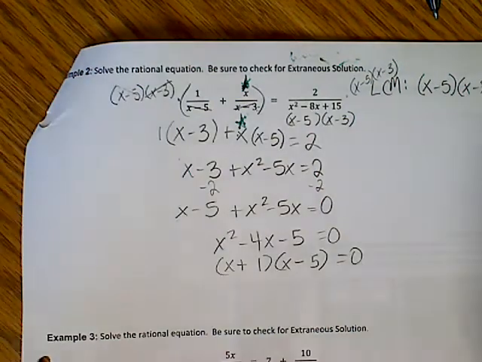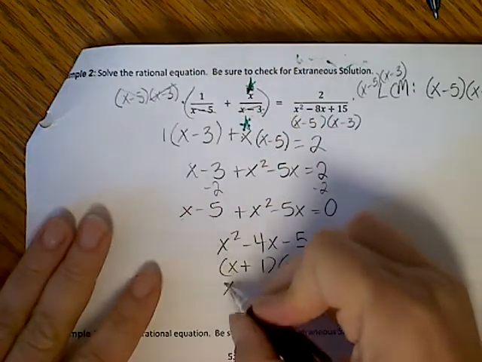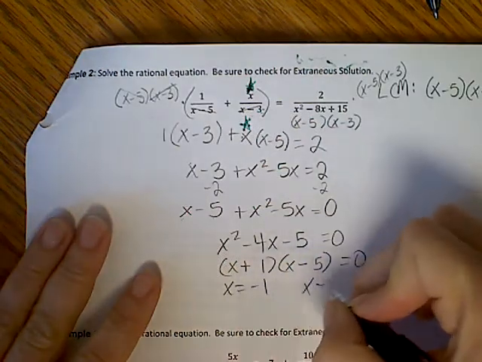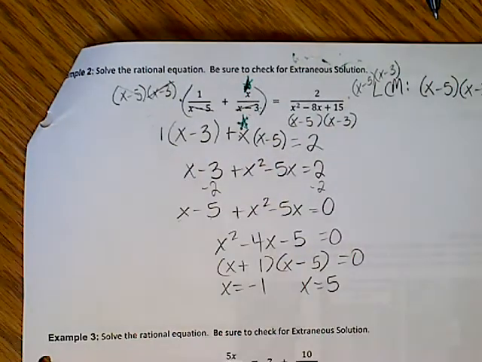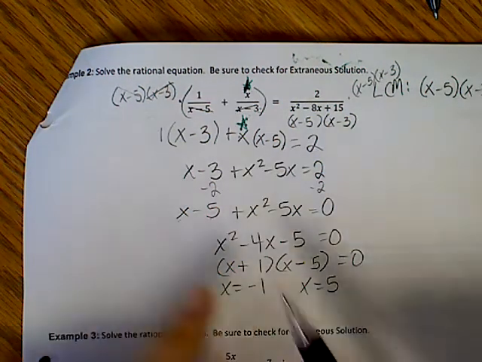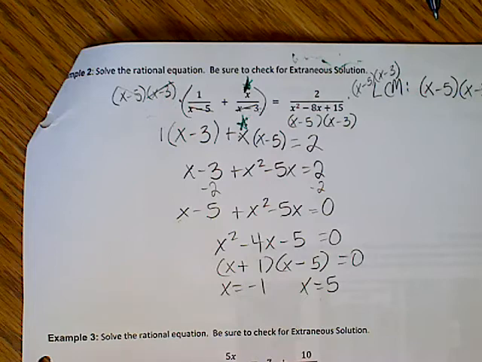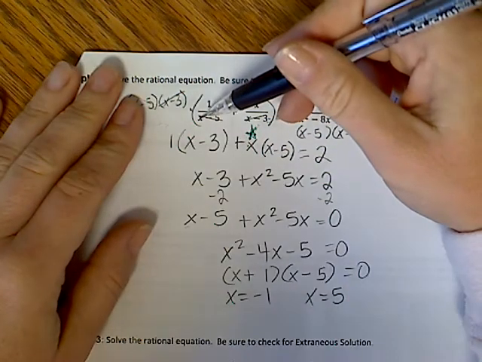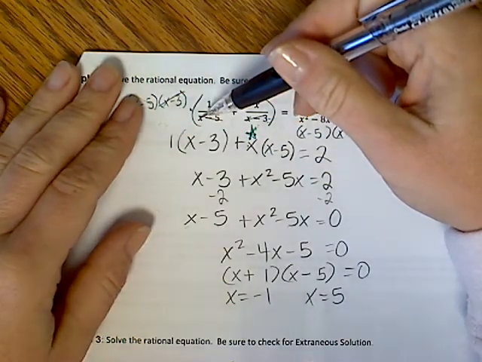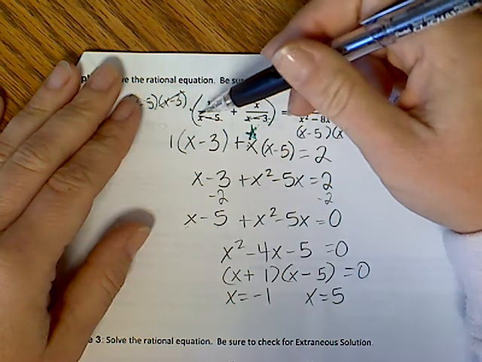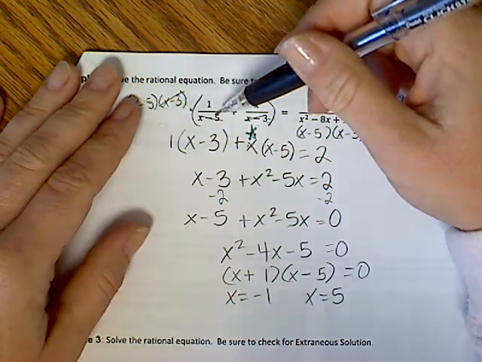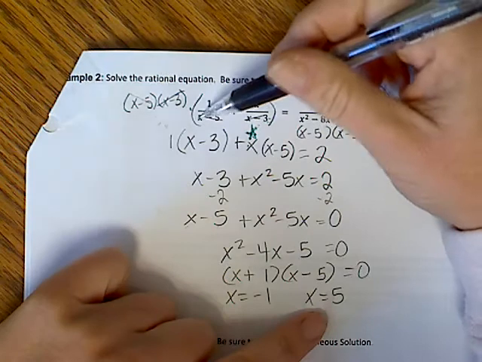So, an extraneous solution. I have here x equals negative 1 and x equals 5. Well, which of these two numbers, if I plugged into the denominator, would give me a 0? Negative 1? Remember, I can't have the denominator being a 0. Negative 1 minus 5, that'd be negative 6, that'd be okay. How about 5 minus 5?